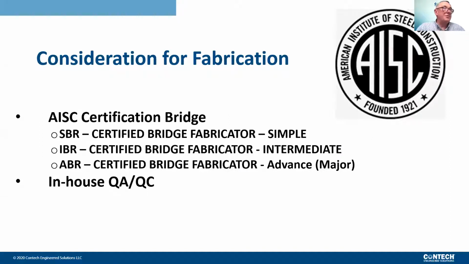Annual certification, fabrication certifications, and endorsements ensure you're getting what you pay for in a safe, reliable structure on your project. Fabrication certifications from AISC range from SBR, approved for weld of unspliced rolled girder bridges, up through ABR, advanced major, approved to fabricate vehicular bridges that require more sophisticated care for fit up regarding geometric tolerances.